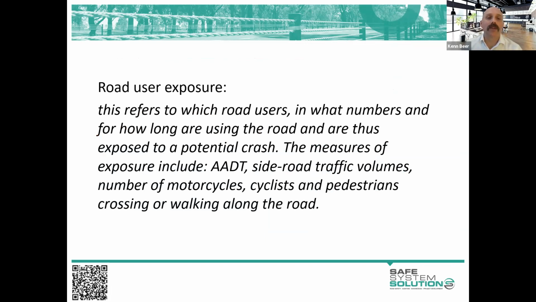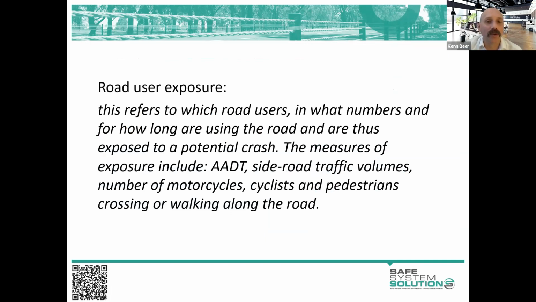So in the Australian Safe System Assessment Framework, we see the definition of exposure. This refers to which road users in what numbers and for how long they are using the road and thus exposed to a potential crash.